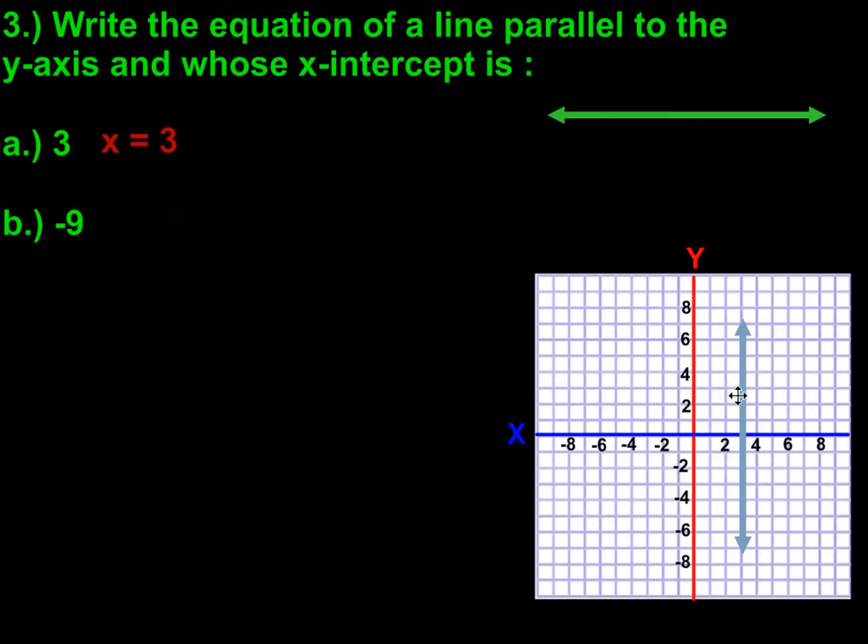Same thing if we go to negative 9 all the way down on this side. The fixed value of x is negative 9. The y values could be positive or negative depending upon whether you go up or down, below or above. But in order for that to remain constant, we have to say x equals negative 9.